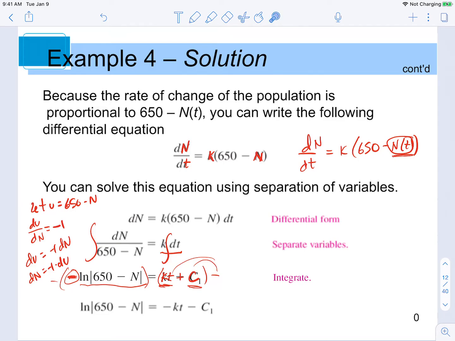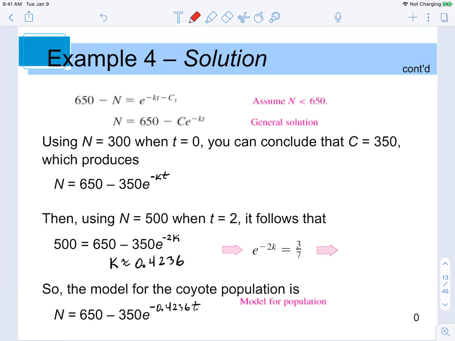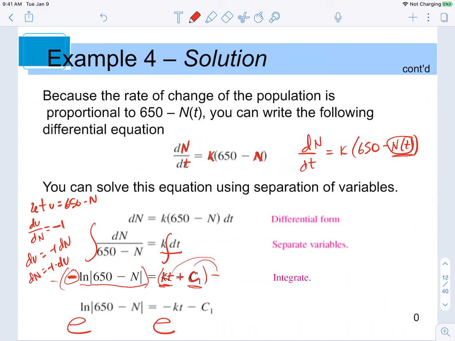All right, let's continue with this. You know what's going to happen. We're going to exponentiate, and when we do that, you'll see that I end up with this. The ln and the e are going to undo each other. And you'll notice that the absolute values are going to disappear here. It is a positive quantity that we're after.